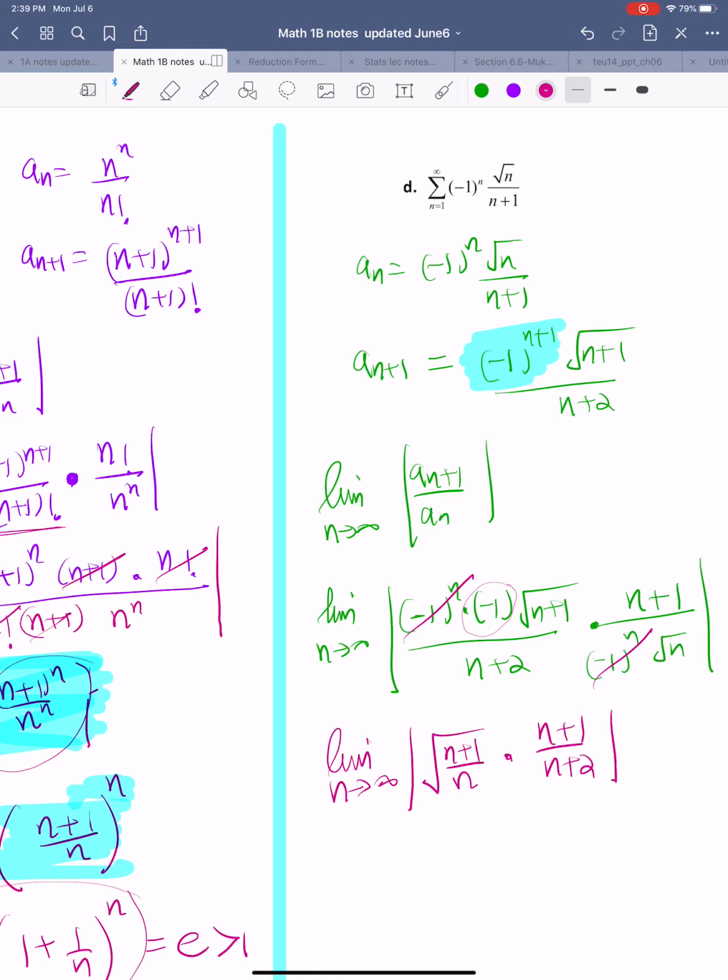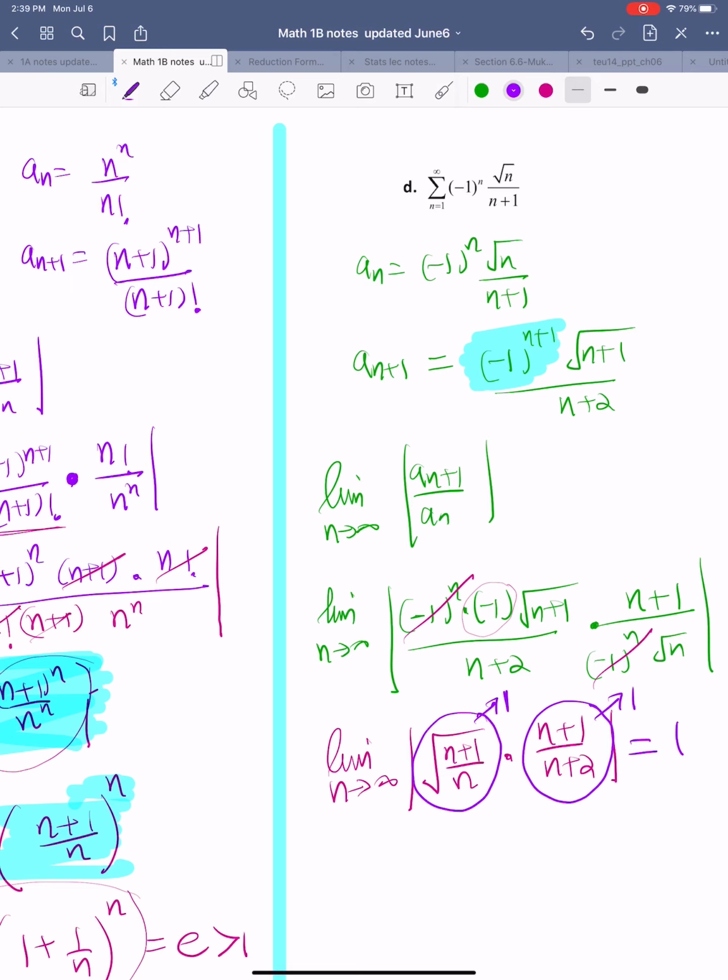Now, if you remember your limits from calculus 1, where does this limit go when n goes to infinity? This limit goes to 1. We can divide top and bottom both by the square root of n and simplify. Again, here we can divide top and bottom by n and simplify. We can argue that both of these limits go to 1. 1 times 1 is equal to 1.